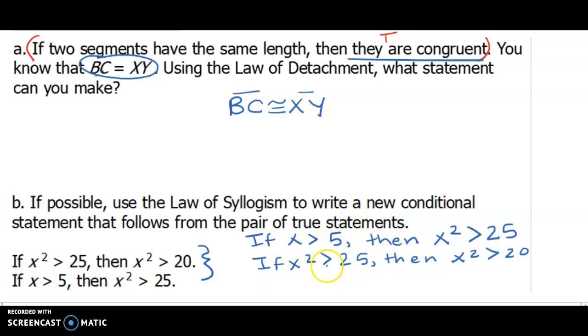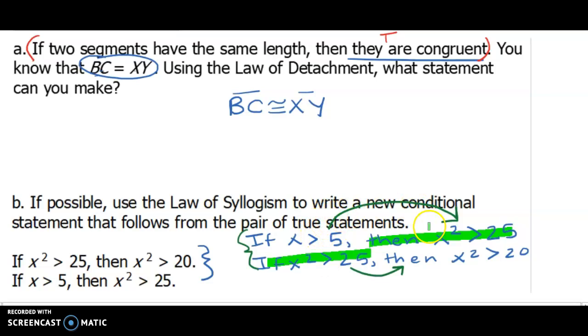All right, now if I look at them as a pair, if x is greater than 5, then x squared is greater than 25. So this causes this. And then if x squared is greater than 25, then x squared is greater than 20. So that causes that. Well, notice this is the same.